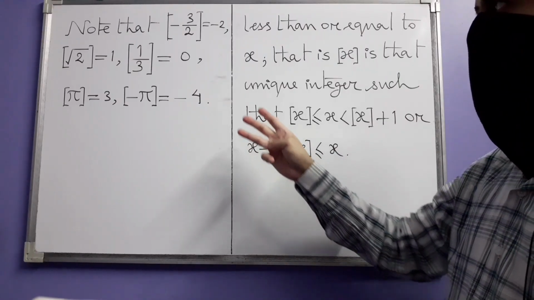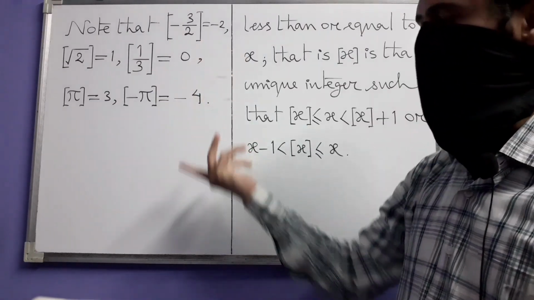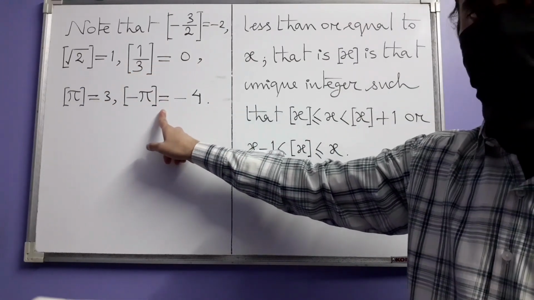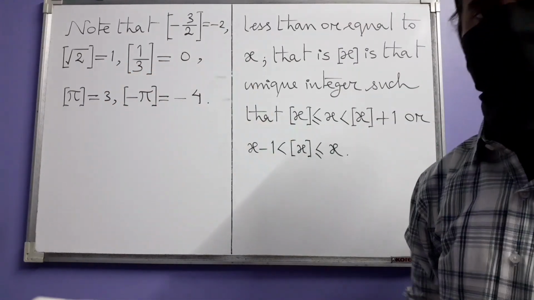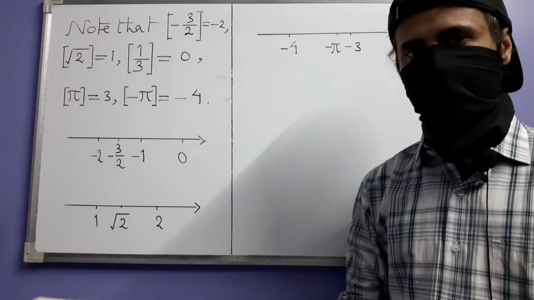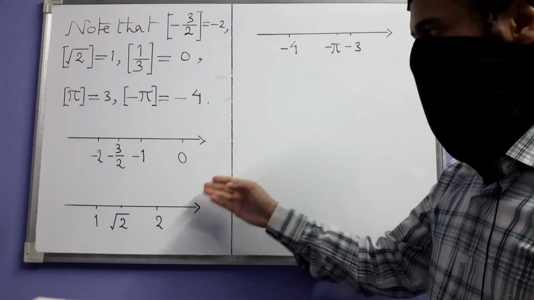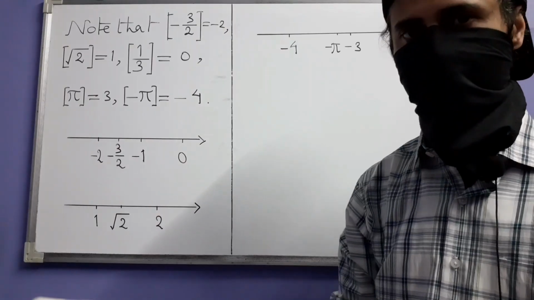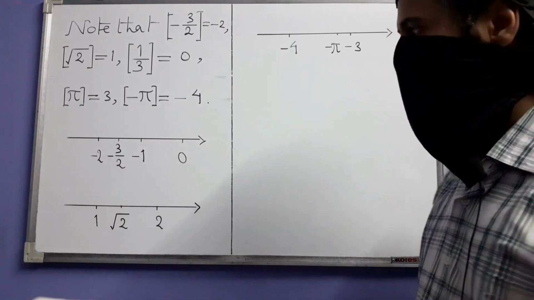Let us see how, say we pick 3 of these, say this one and this last one, and see exactly why these values are coming. It's better to see the things visually. Let us take this number, minus 3 divided by 2, on the real line.